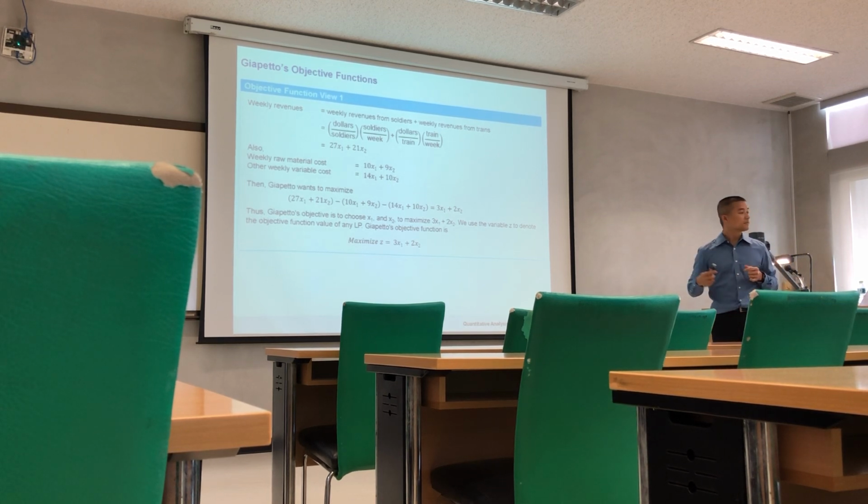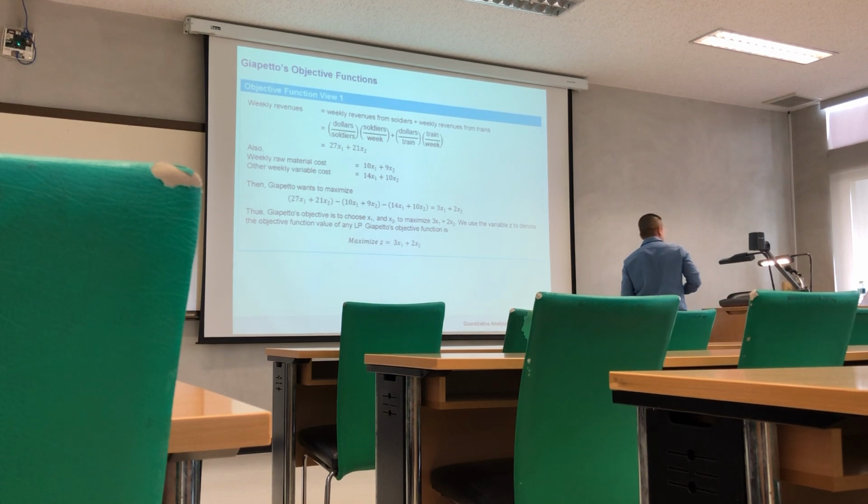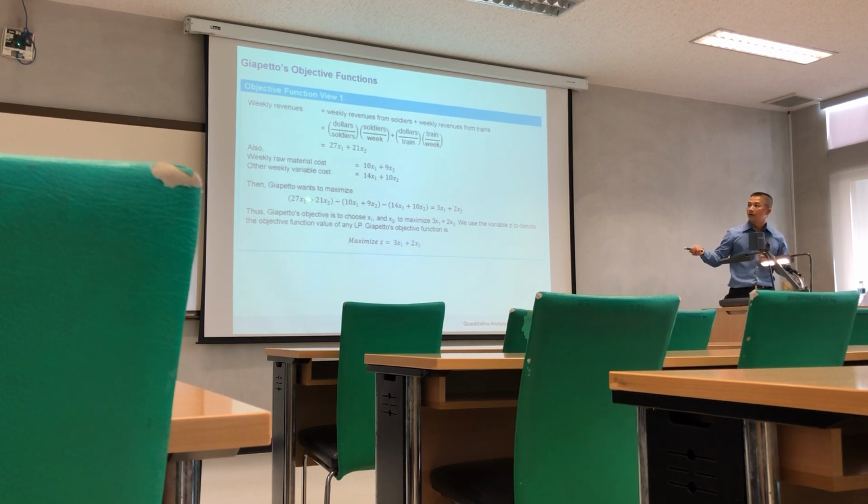So our profit, we want to maximize revenue minus raw material cost and overhead cost. This can be reduced to 3x1 plus 2x2.